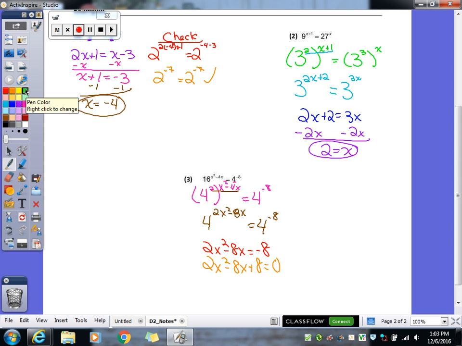Do we have a GCF? Yes, 2. So let's divide everything by 2. I'm going to write it over here because I'm running out of space. So I have x squared minus 4x plus 4 equals 0. Now this is going to be a much easier factoring.